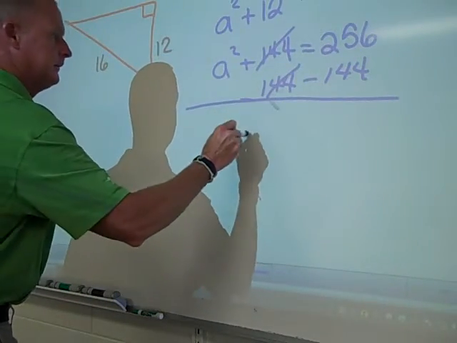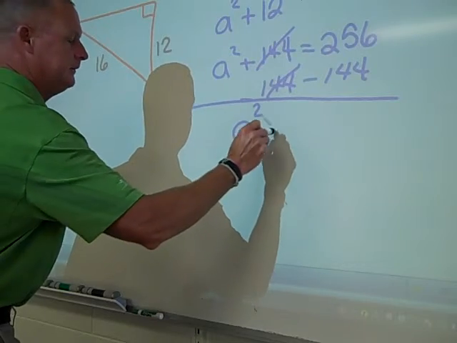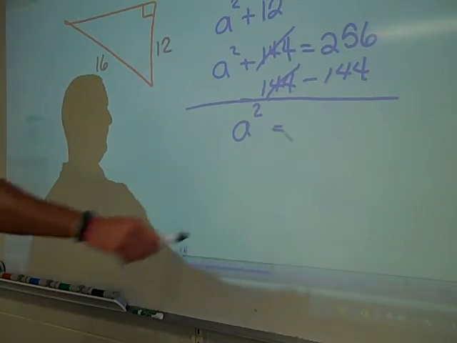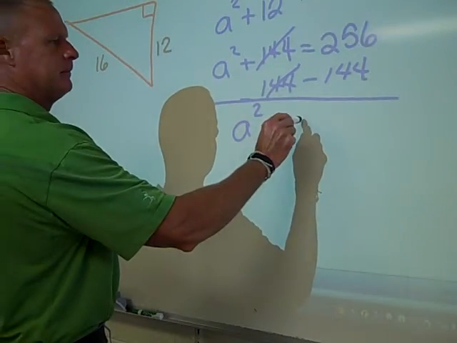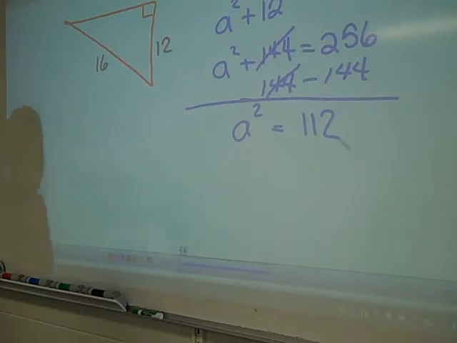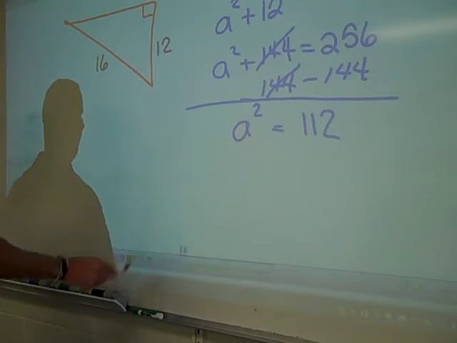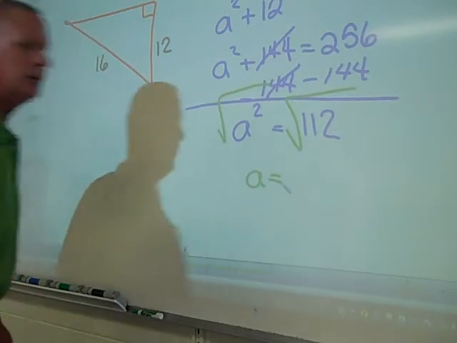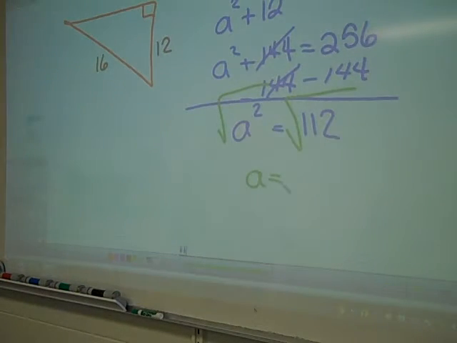Gone, gone. A squared. Class, what is 256 minus 144? 112. How do you get A by itself? Square root both sides. And then round your answer to the nearest 100th.